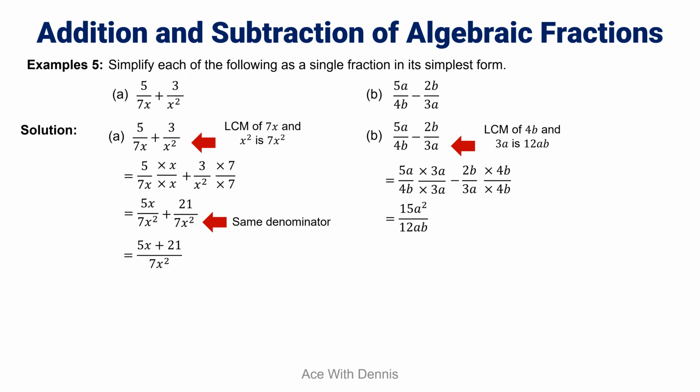We'll get, for the first fraction, 15a squared over 12ab, then minus the second fraction, 8b squared over 12ab. Now both fractions have the same denominator, so we'll get 15a squared minus 8b squared over 12ab.